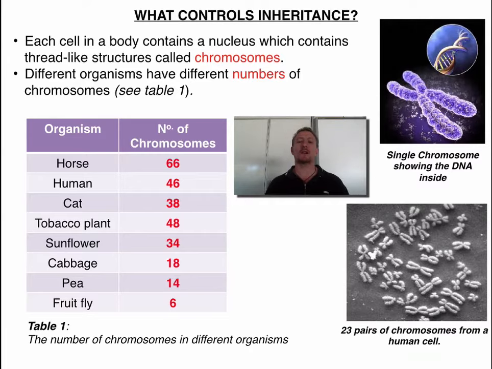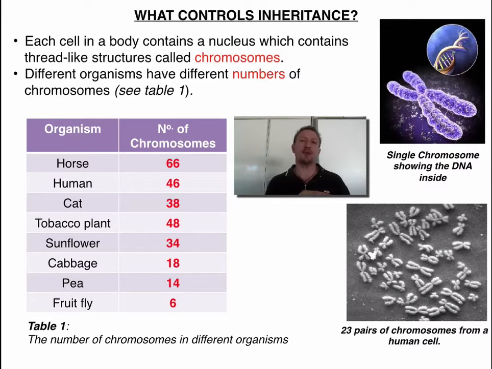What's interesting though, when you look at all of those, they're all even numbers, which means they come from two parents. You get information from one parent, information from another parent, put them together, and you get the overall thing. A bit like a sandwich. Take your sandwich but use two different slices of bread. Put them together, get a different taste. Take another two pieces of bread, two different types, put them together, get a different flavour.